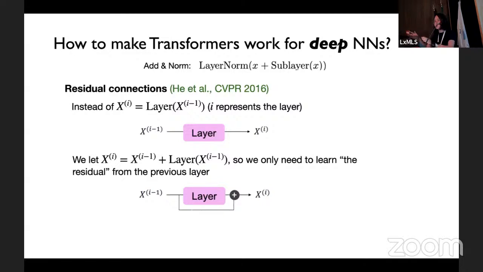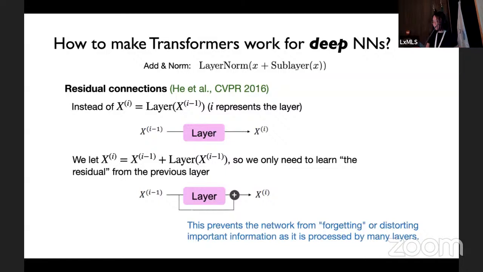Otherwise, you have to learn the whole transformation from one layer to another, and deep neural networks have been shown to be very difficult even at learning the identity function. So if you just learn the residuals, it makes the optimization much easier. And this prevents the network from forgetting the important information already obtained from the previous layers.